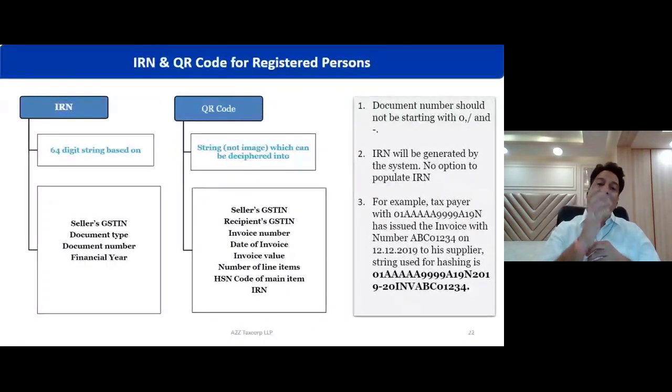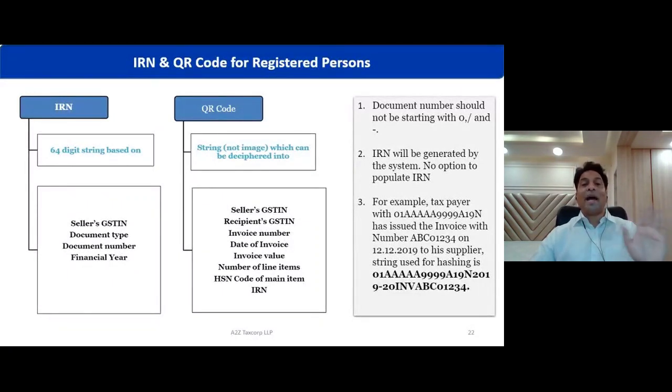From IRP you get the string only, and then you need to convert it into an image, which will have 8 specified particulars: seller's GST number, recipient GST number, invoice number, date of invoice, invoice value, number of line items, and HSN code of the main item, with the unique IRN. This is what comes out of the QR code. Document numbers should not start with 0. These are the guidelines. The IRN will be generated by the system, with no option to populate it.